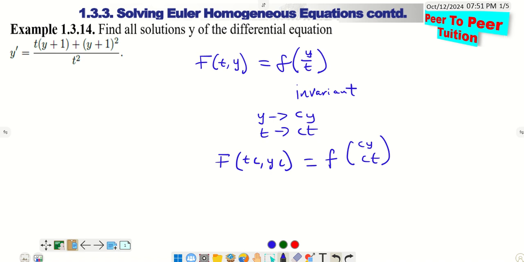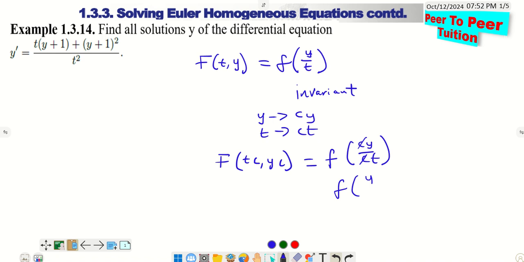Then finally, we will get back f of, remember that the c can come out. When c comes out, we will get cy over ct. You can see that it is a division, so c and c will cancel out.